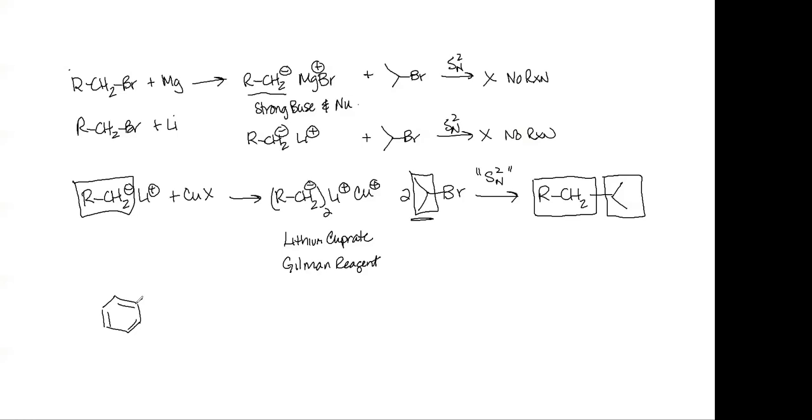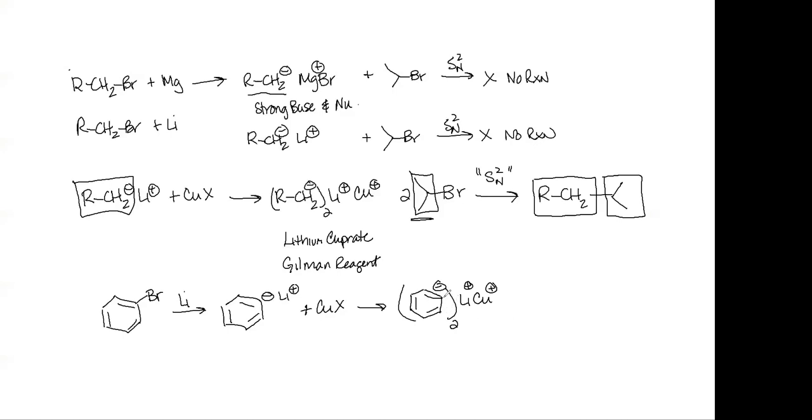All I have to do is start out with a bromobenzene, react it with lithium, make my organolithium compound, react that with the copper, so now I end up with this Gilman reagent.